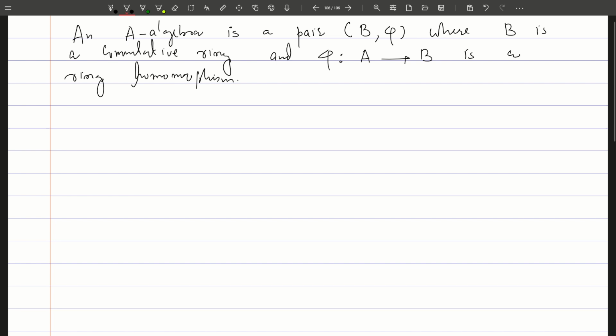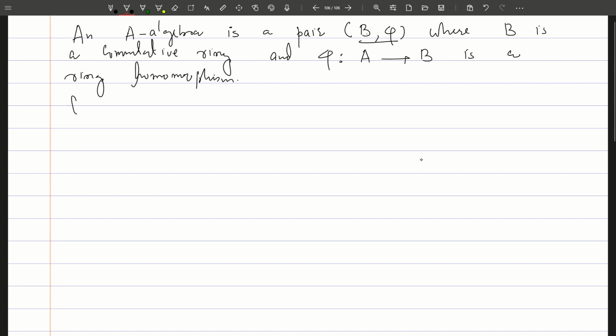So then we call this pair an A algebra. We call this B an A algebra, and this phi is called the structure homomorphism. So given different homomorphisms, we have different A algebra structures on B.